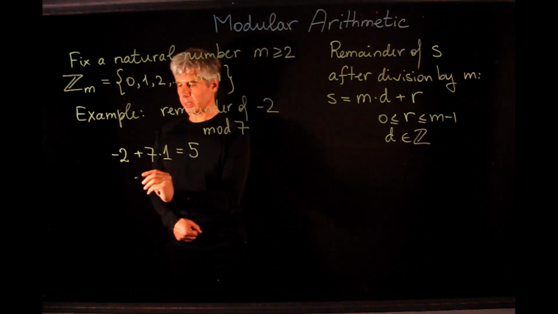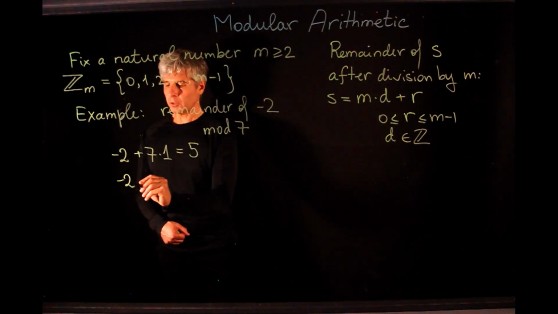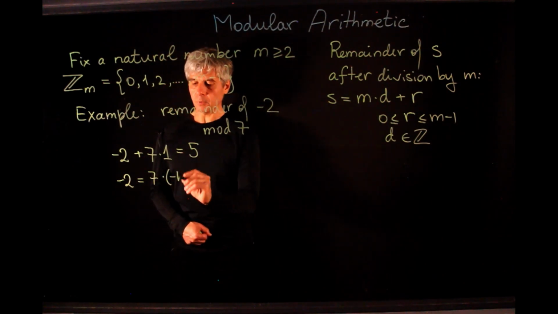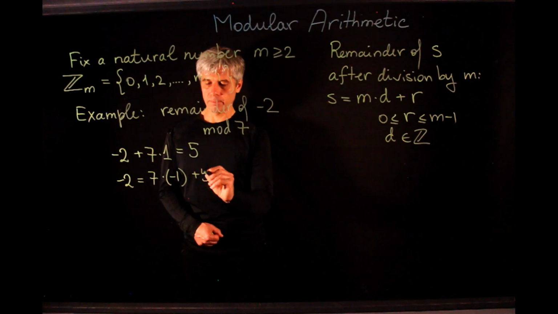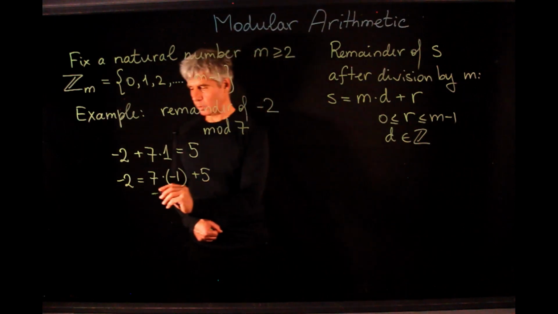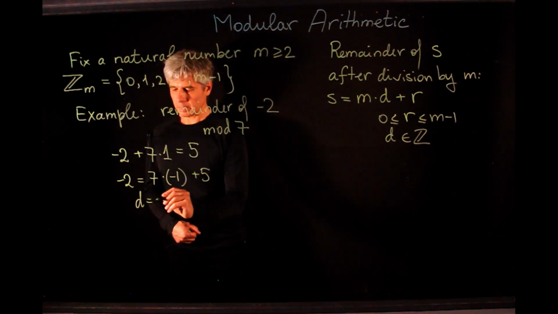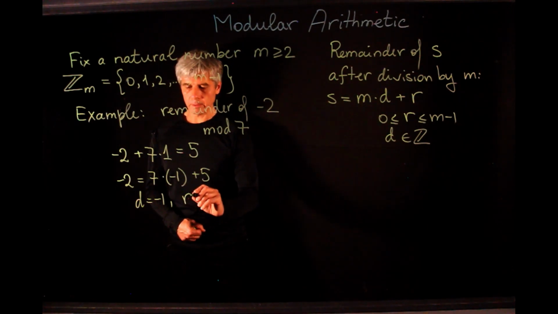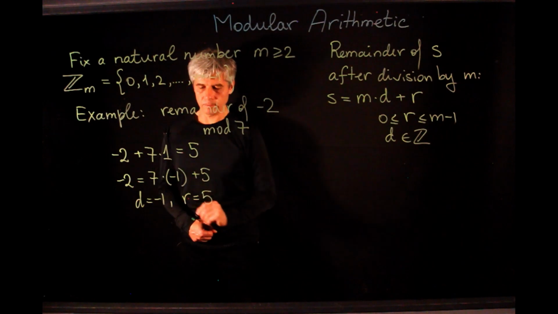So equivalently, we can write negative 2 as 7 times negative 1 plus 5. All right, and in this case, d is negative 1, and r is equal to 5.